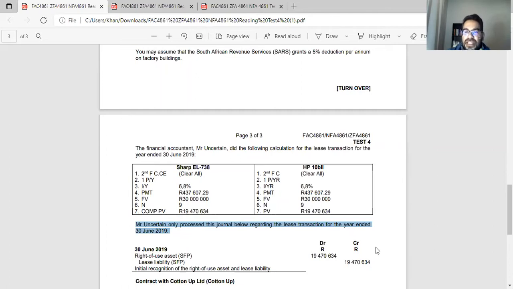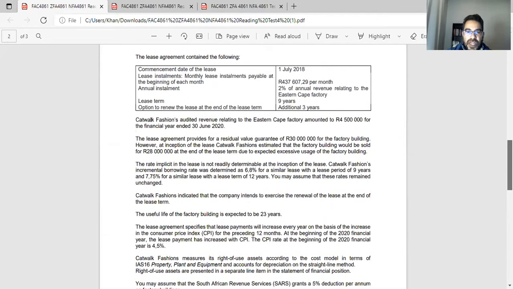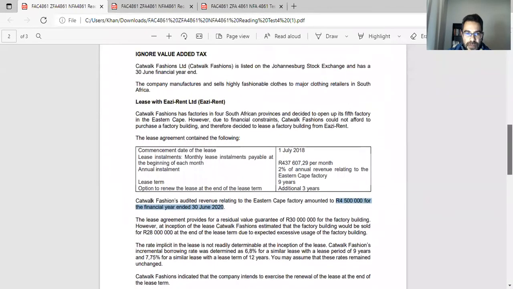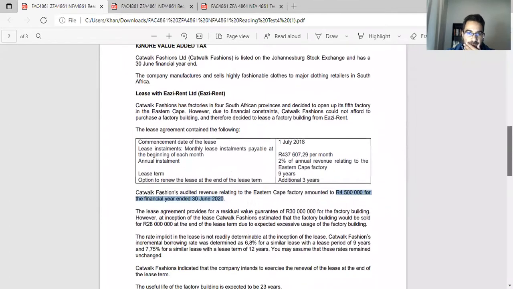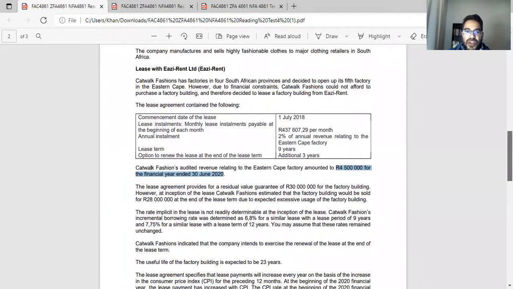They never gave us an amount for the variable lease payment because they only gave us a revenue for 2020. They never gave us a revenue for 2019, unless I missed it. Anyway, what did they say? Yeah, 2% of annual revenue. So they never gave us revenue, unless this is 2019's revenue. I don't know, we'll see now.